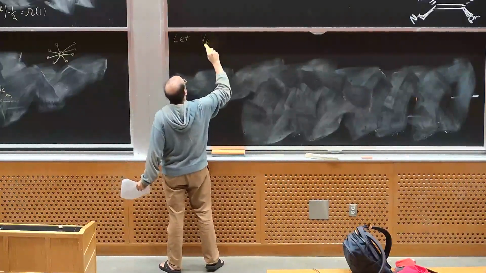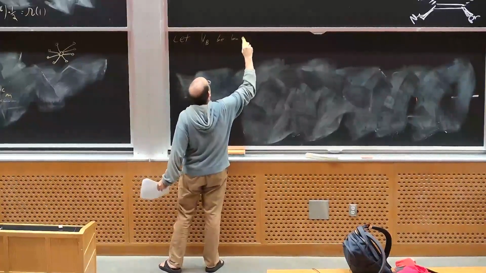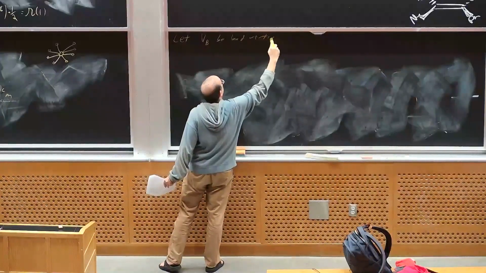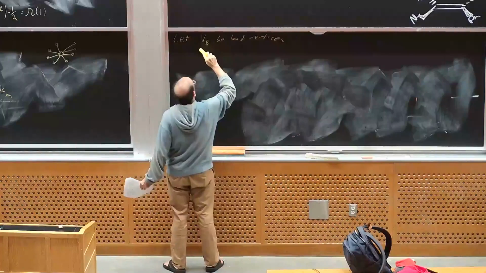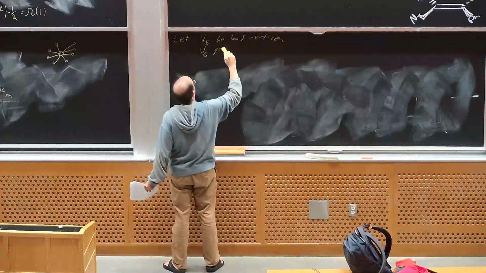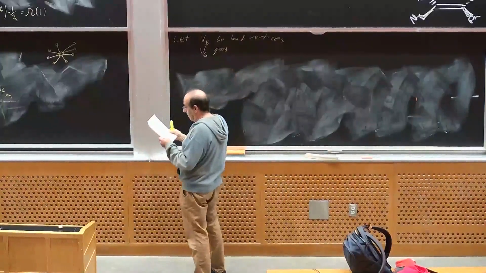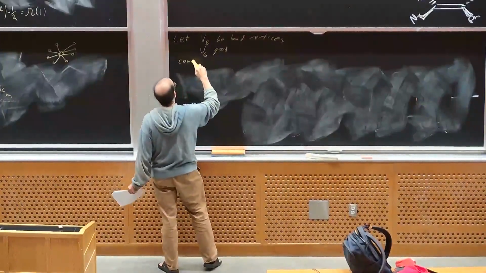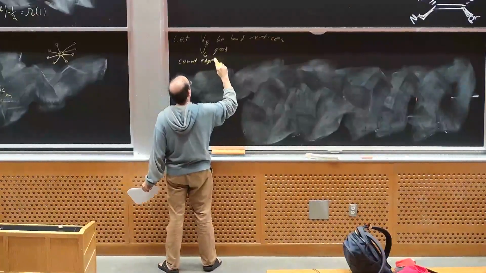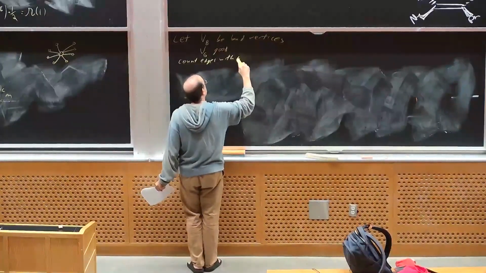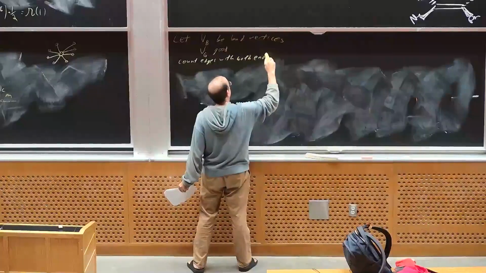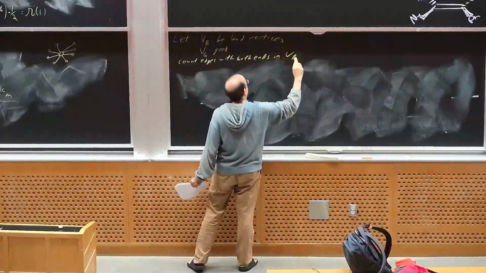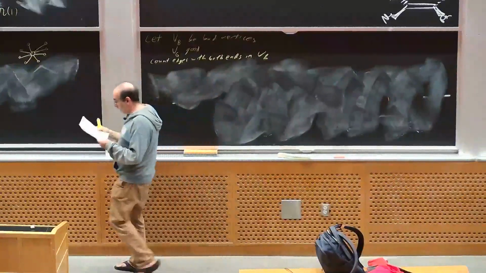Let VB be the bad vertices, the ones that are not good. VG are the good ones. And we want to count edges with both ends in VB. Okay.